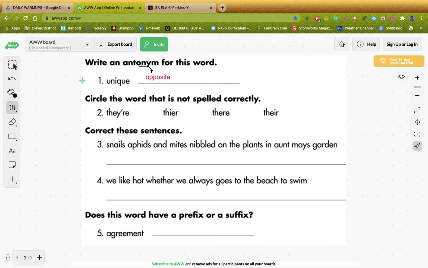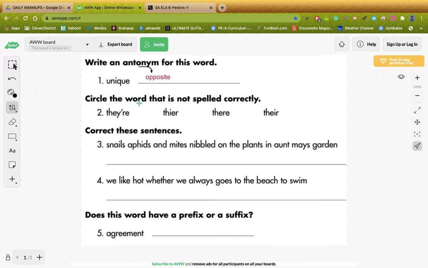And then try to use it in a sentence. I love the idea of purchasing a unique car. What does that mean? Or if somebody says, that person has a very unique personality, what do they mean? So you need to find the opposite of what that word means. Okay, and then type that in as your answer.